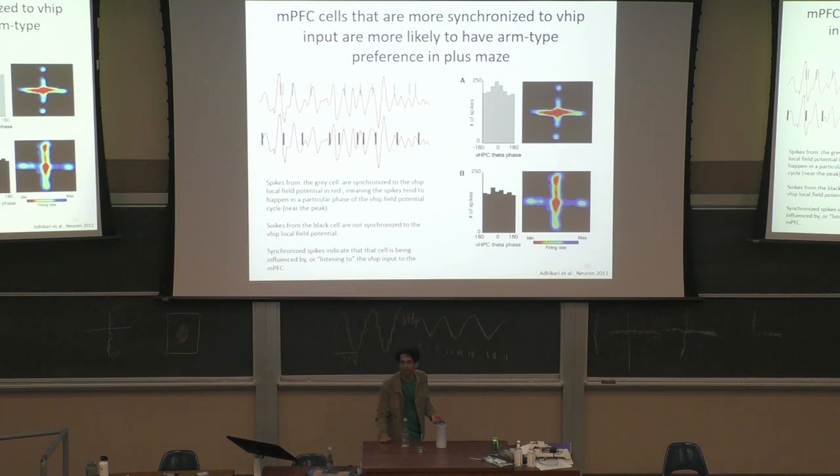For the cells that prefer open versus closed arm, do they show the same type of phase locking, or does the phase locking differ? They weren't more phase locked than the closed. What about the areas of the troughs? Oh, if it's in the trough.